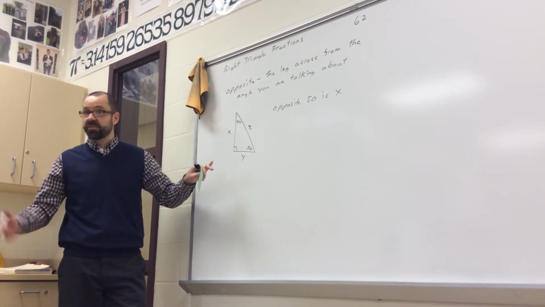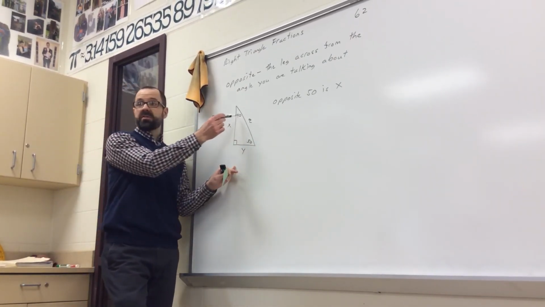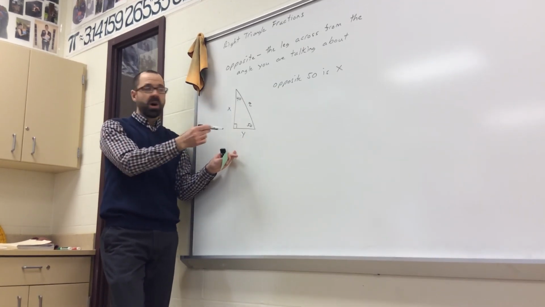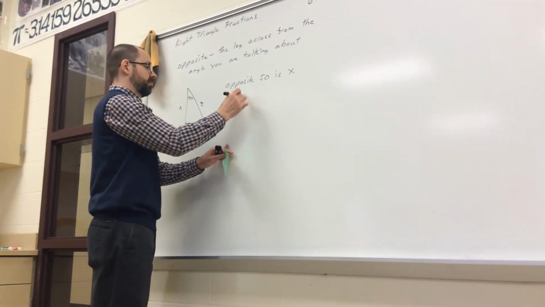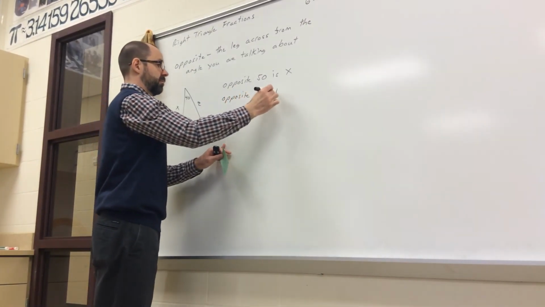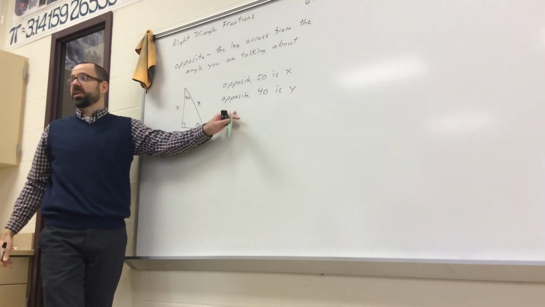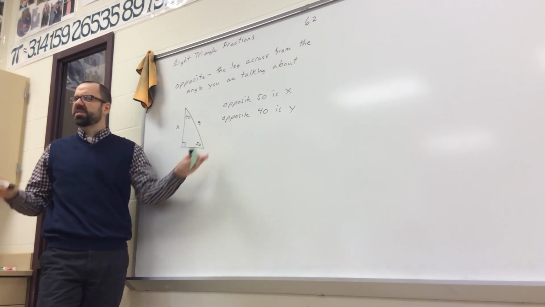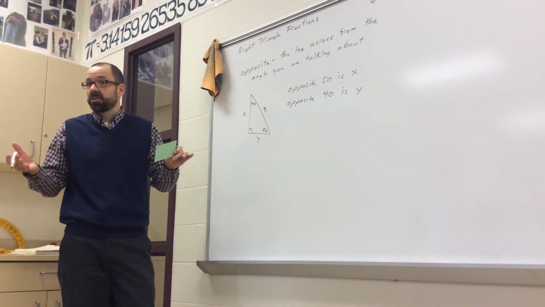Okay, but now let's shift our attention to 40. Which side is across from 40? Y. So Y is opposite 40. So opposite 40 is Y. So opposite is a little bit confusing because it changes depending on which angle you're talking about.